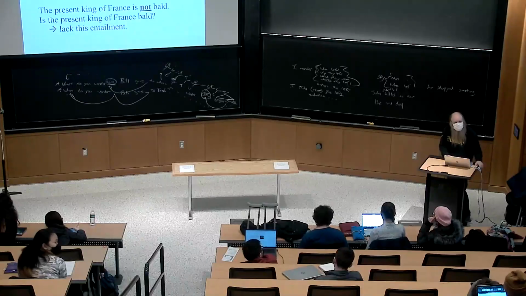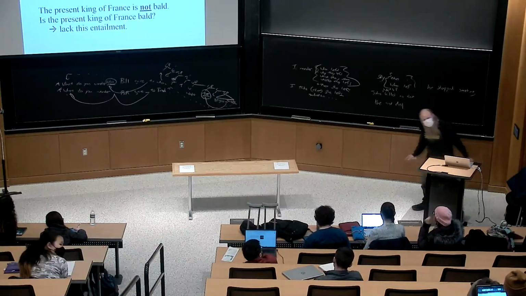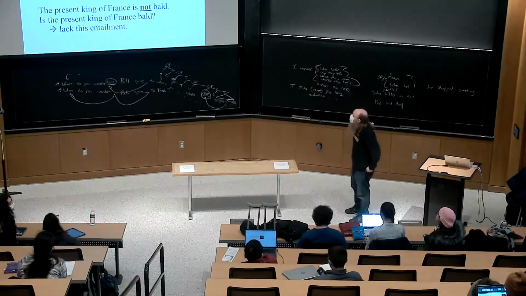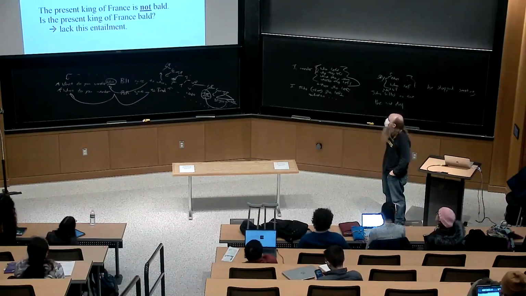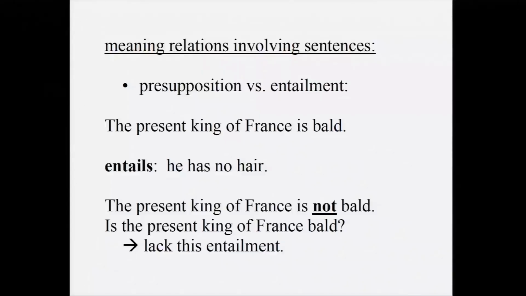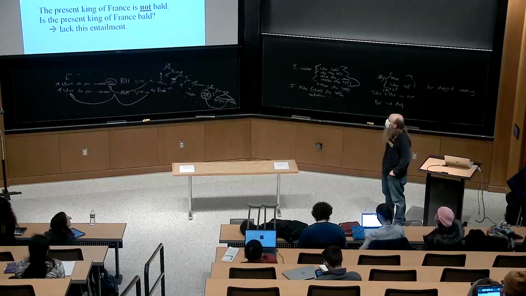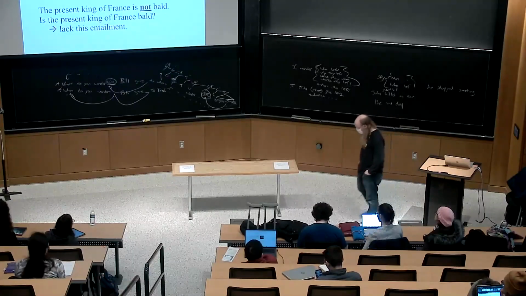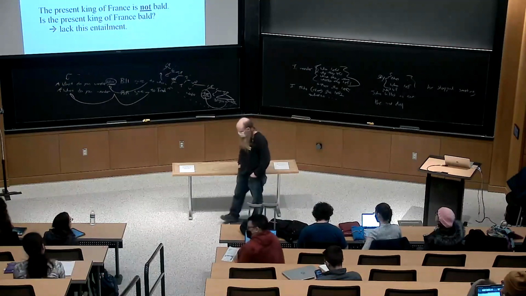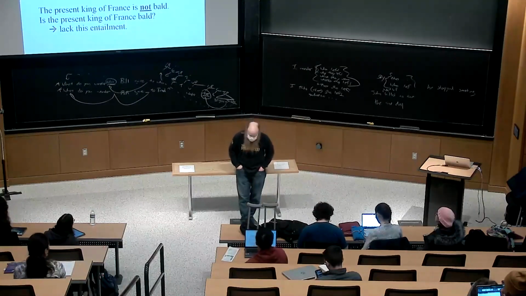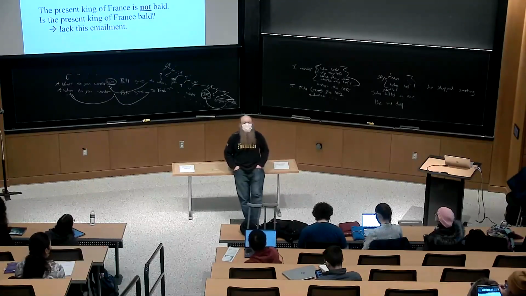Yeah? Could you just then say that it entails the opposite? Say it again? Could you then just say that it entails the opposite? Like it entails that he has hair? Oh, in this particular case? Yes. I think we're going to find examples where A entails B, but not A does not entail not B. So if something is a square, then it is a rectangle.